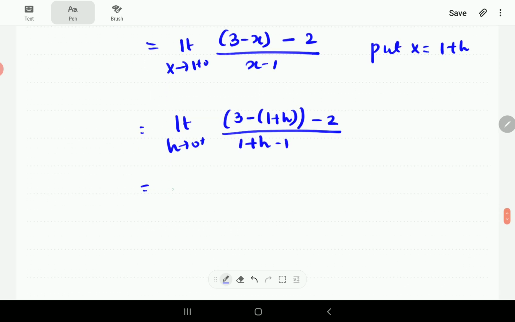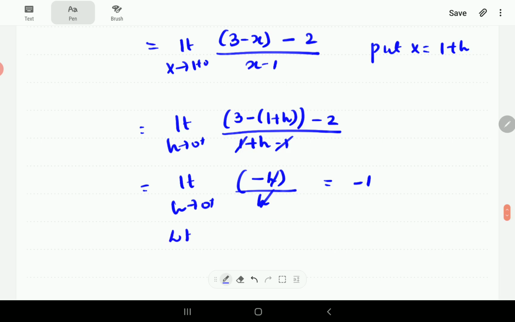Limit as h tends to 0 plus, this will be 3 minus 1 is 2, and this is minus h. So 2 minus 2 is 0, so it is simply minus h here. This cancels, divided by h. So h also cancels, and it is simply negative 1. So here what we have got, the RHD is negative 1.